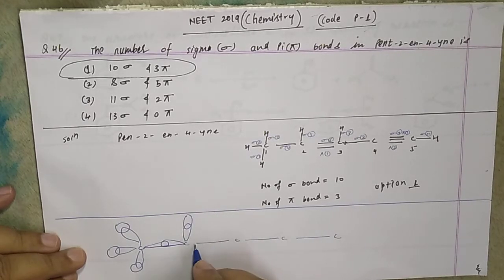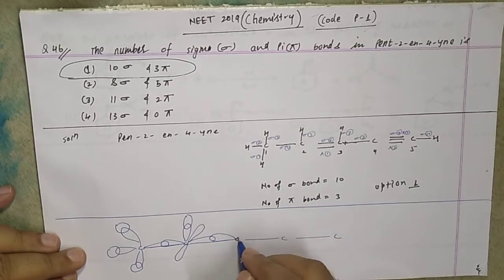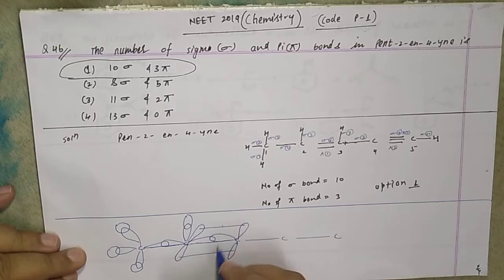And then here, one sigma bond is there with the carbon atom, and one pi bond is there. One pi bond is starting from carbon number 2. So a double bond equals 1 sigma bond and 1 pi bond.